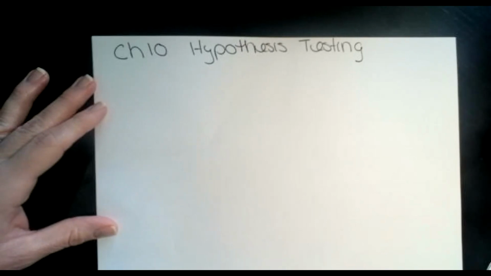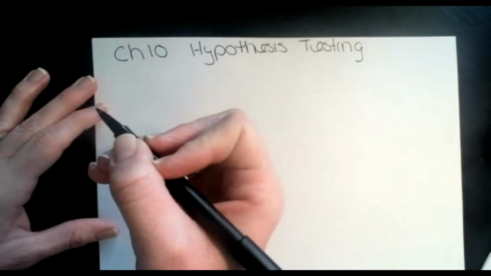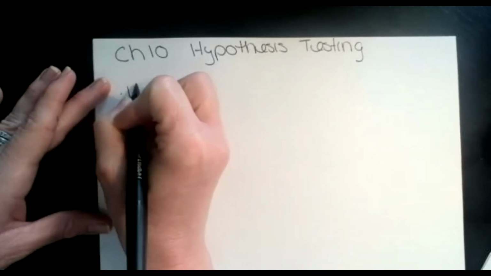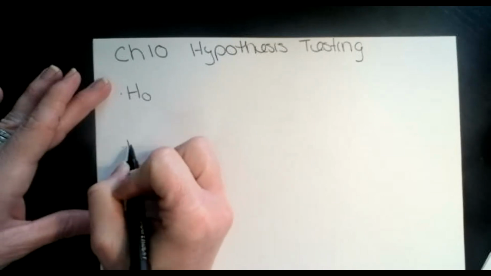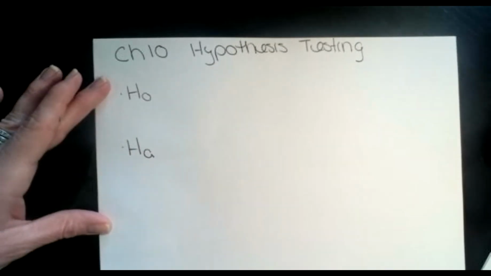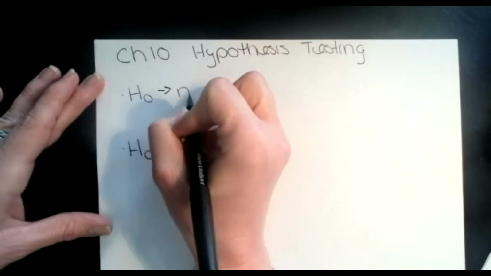So the first thing I want to talk about for hypothesis testing are the two really important things, which is my null hypothesis and my alternative hypothesis. So H naught is called the null hypothesis.